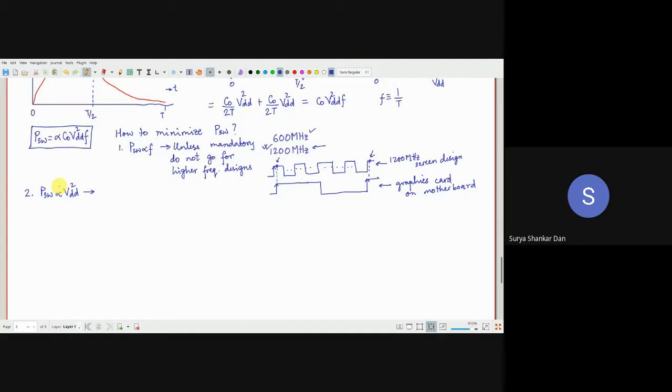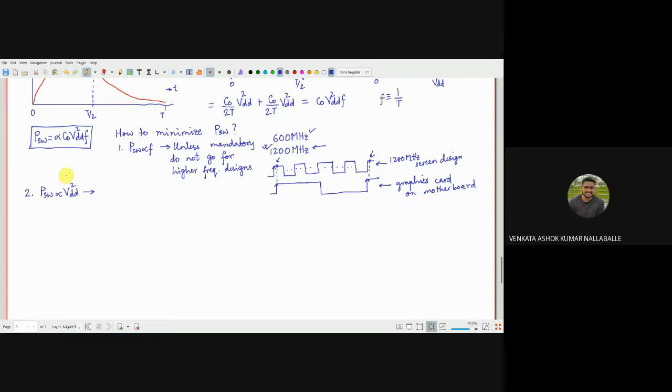Which technology to use is essentially the responsibility of the PMMD students, the device engineers. Now, in this course, we are circuit designers. So my question to you as a circuit designer is: given a technology node, suppose I have told you to build it in 45 nanometers only, then can you reduce the switching power?